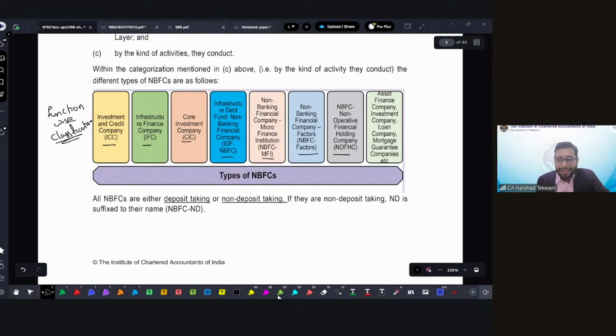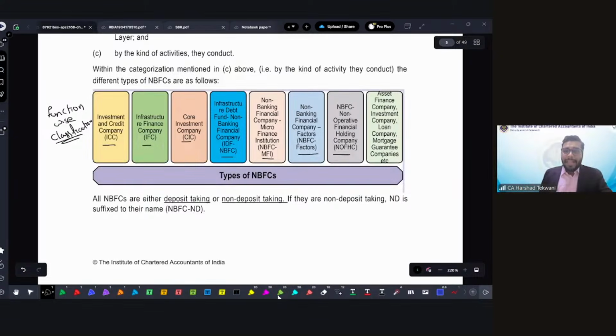Their regulations are also there. Then you have microfinance loans. You have various different kinds of NBFCs, and we will see that. We will not dwell into all the laws and regulations for the NBFC, but we will see some classifications also. That is one, function-wise classification. What they do actually on the ground, that is one type of classification.